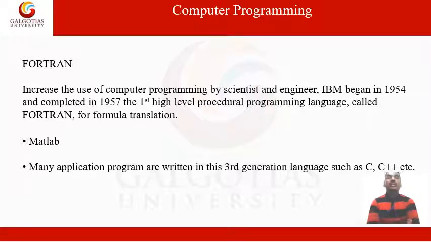With increasing computer programming by scientists and engineers, they developed the first high-level procedural programming language called Fortran, for formula translation, which is mainly used in the chemistry field, and also MATLAB for designing images or structures more comfortably, like CAD software. Further, many applications of third generation languages like C, C++ and others play a vital role in supporting chemistry applications.